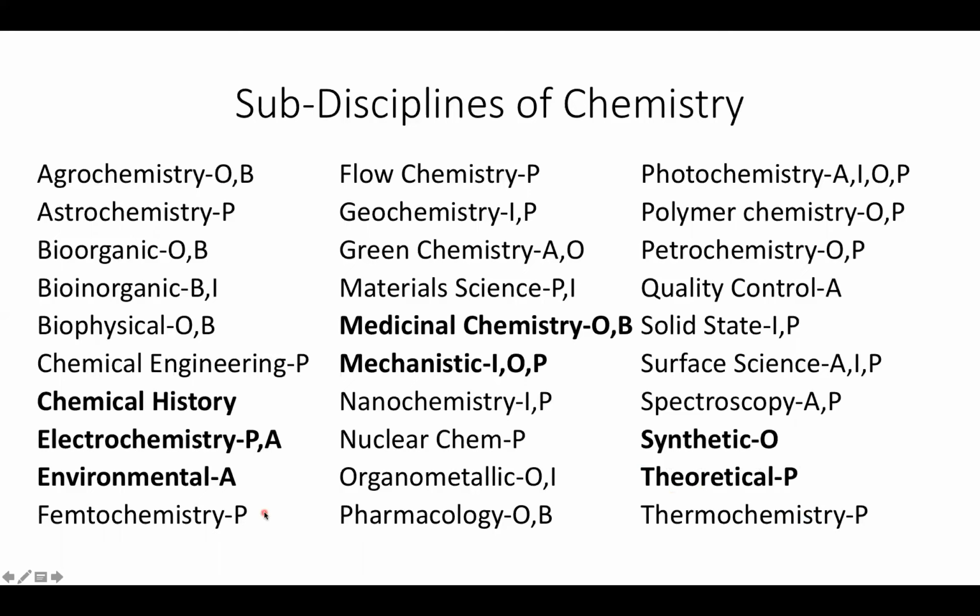But it turns out I've studied environmental chemistry, electrochemistry, mechanistic analysis, chemical engineering, a lot of materials chemistry, and organometallic chemistry. So you can do a lot of different work, and one of the big goals of your undergraduate and graduate career should be trying to get exposed to as many sub-disciplines as possible so you figure out what you really enjoy.